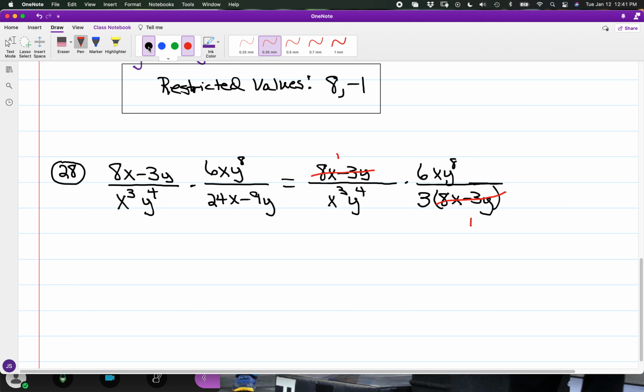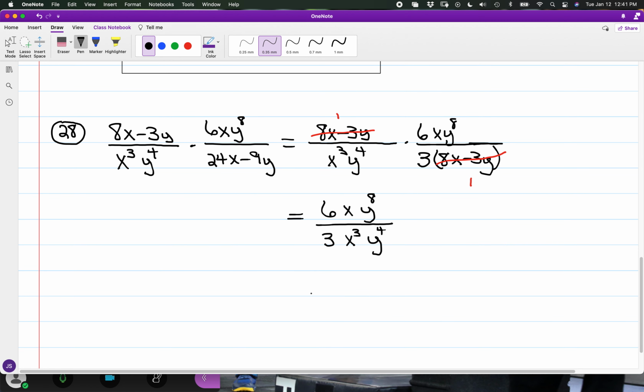We'll just bring this on down, and you can reduce the 6 over 3 right away, but I'll just present the next steps to include it. So in this one, you have 6xy to the 8th all over 3x cubed y to the 4th.